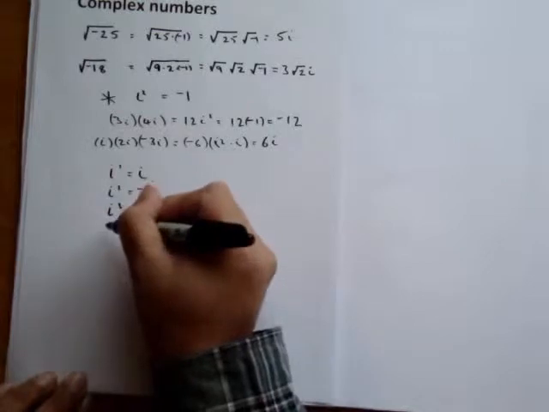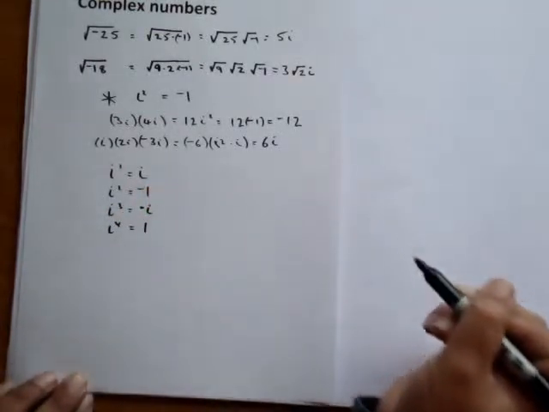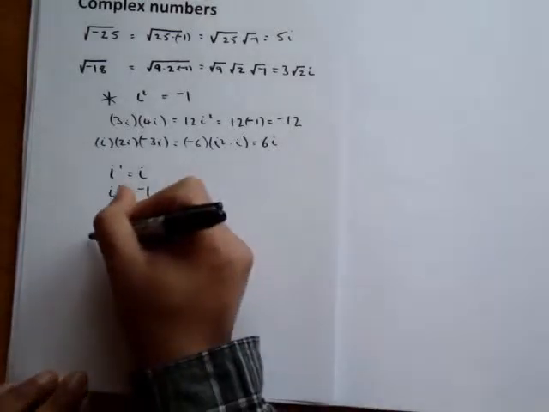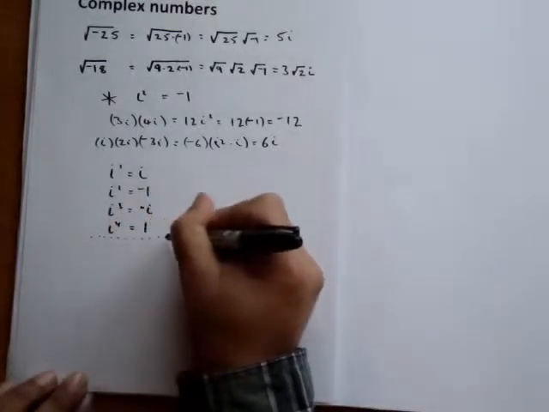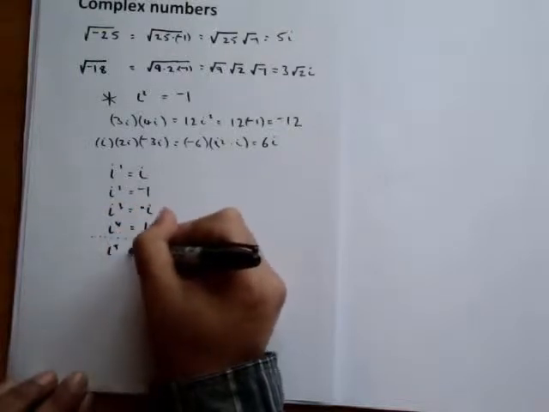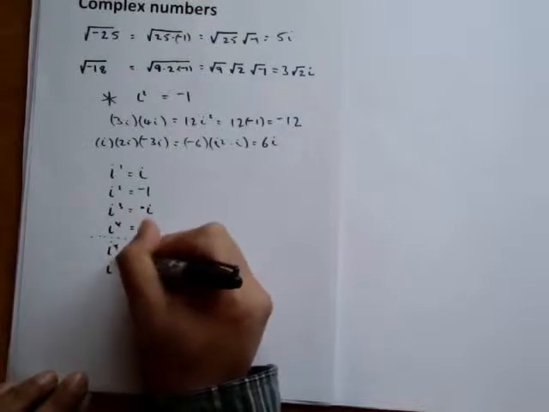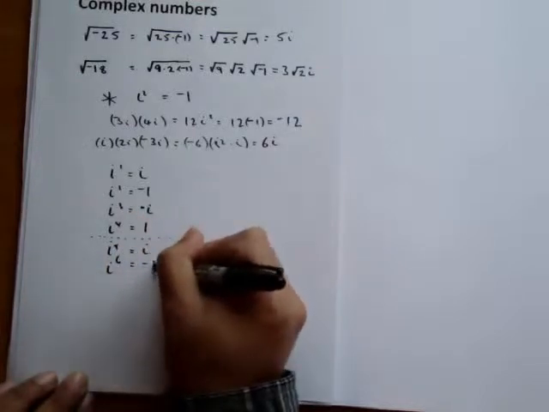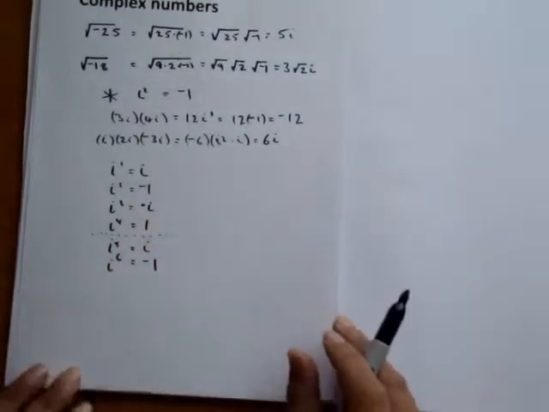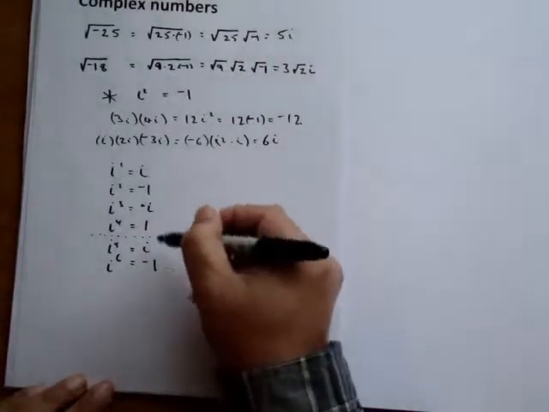So i to the power 4 would be 1. Now i to the power 5 would be i, and i to the power 6 is -1. So these powers of i go in cycles of 4.